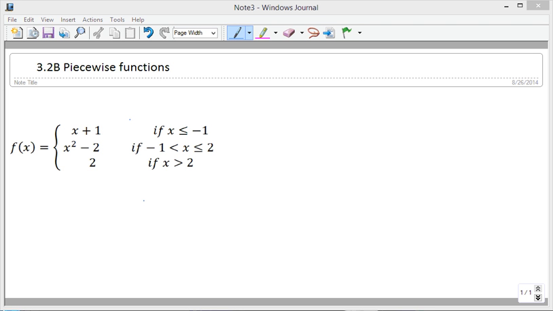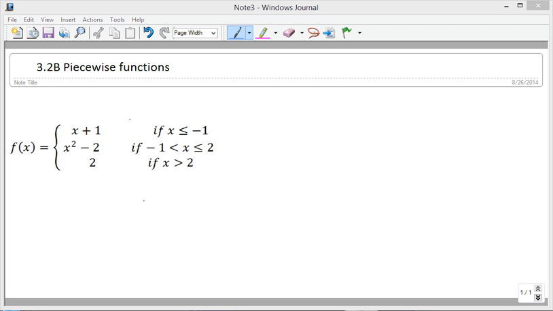The key is that it's still only one answer. No matter what x I plug in, I can only get out one answer. I'm not going to take a number and plug it into all three.